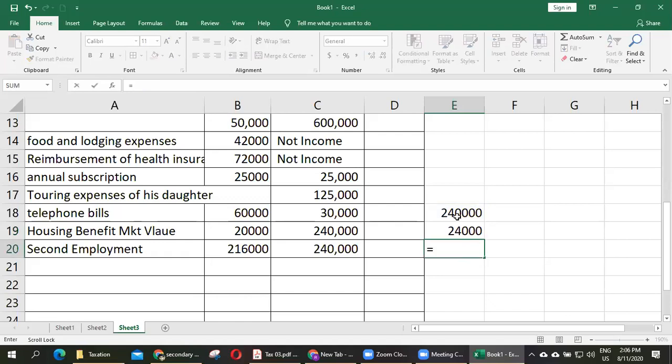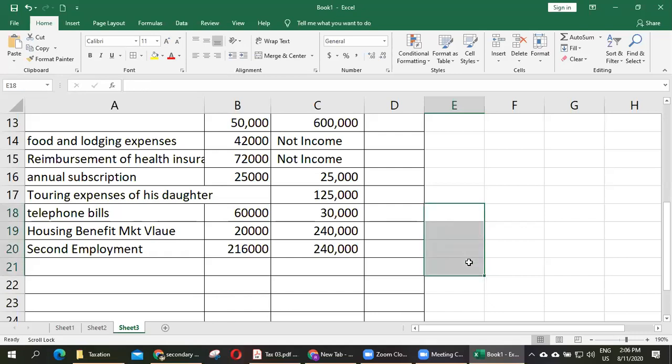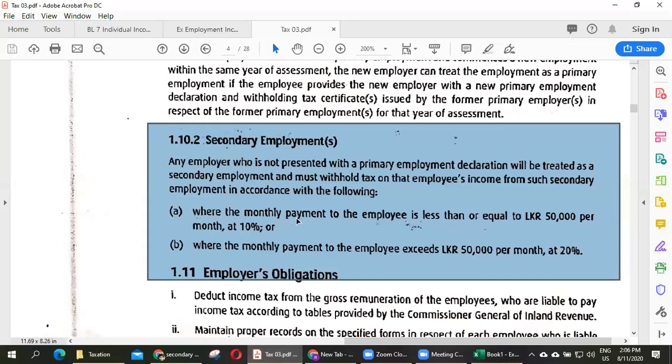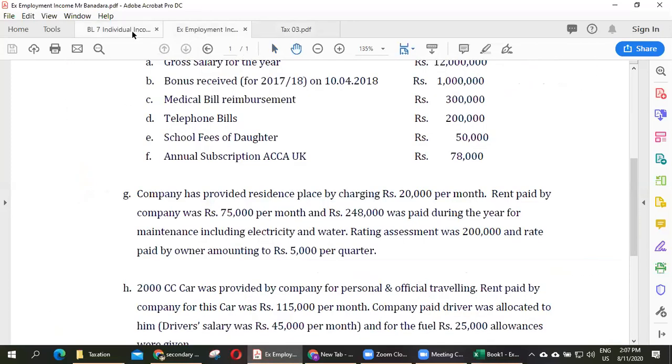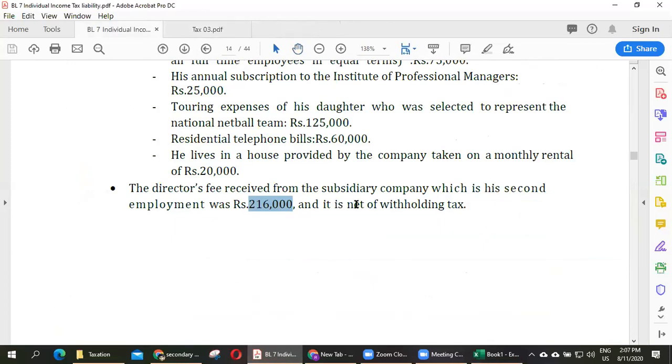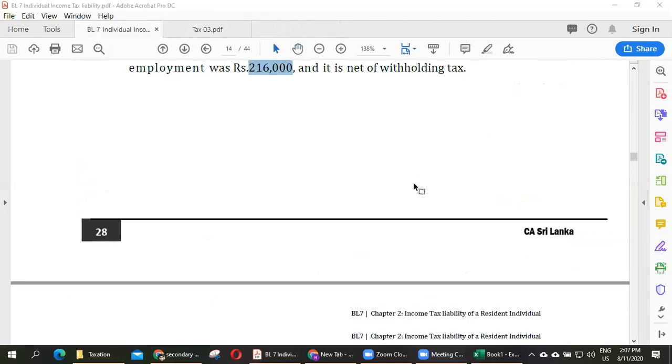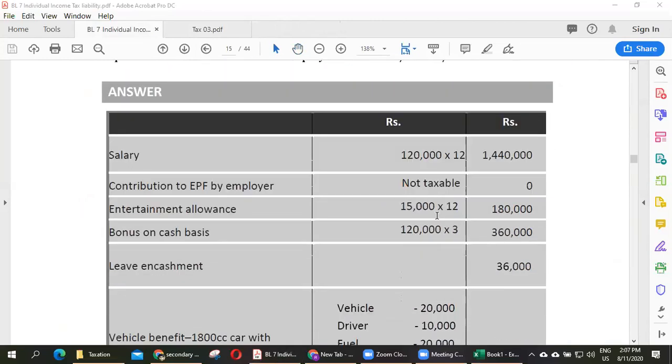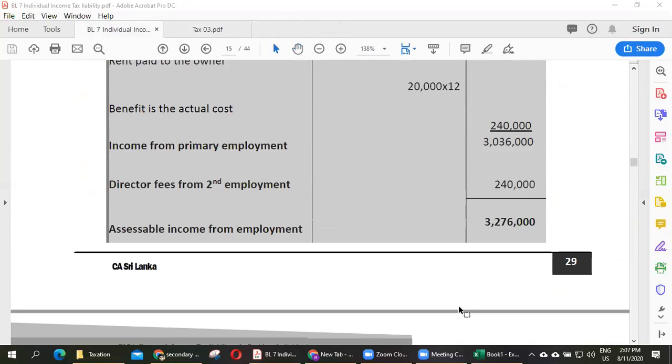Then take the balance, 216,000, right? That's all. See the answer.